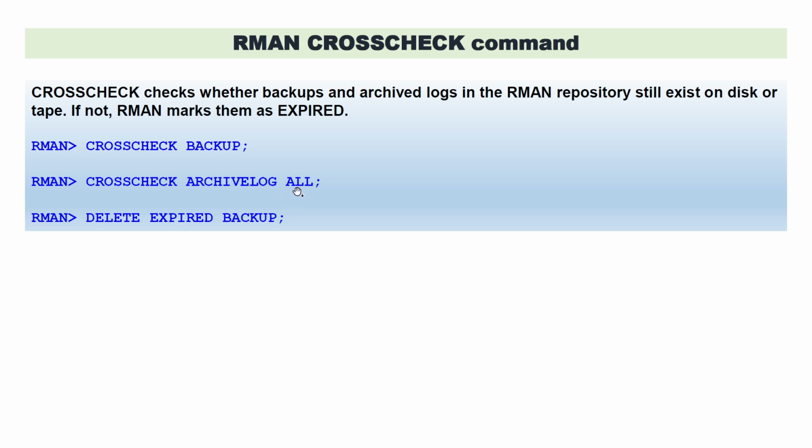Crosscheck archive log all you can use to check whether any archive logs have been deleted. If those archive logs or backups are not there on the disk, they are marked as expired, and then you can use delete expired backup. So this is very confusing. Crosscheck will check the physical thing. Obsolete will check the retention policy. If the backups are not there physically on the disk, they will be marked as expired, and then you can delete them using delete expired backup.